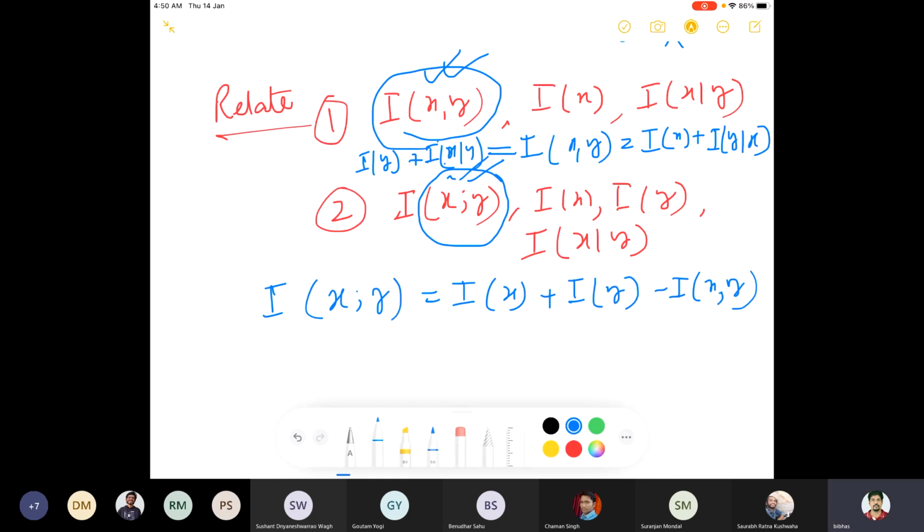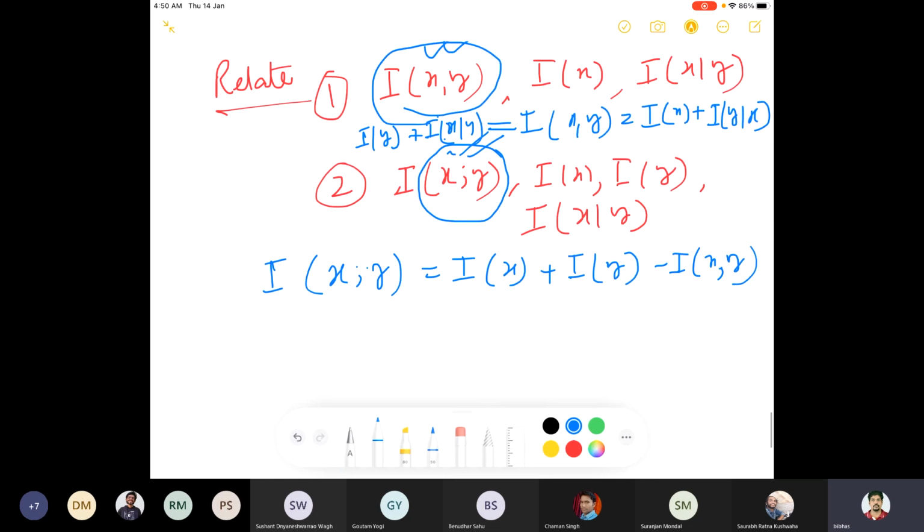Is it true? If it is true, then from the previous relation you can have one more equality. Now is this true? This mutual information of X and Y is equal to, just use the formula. Yes, sir, it's true.